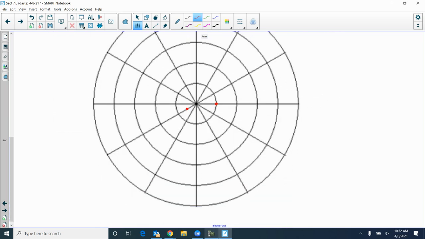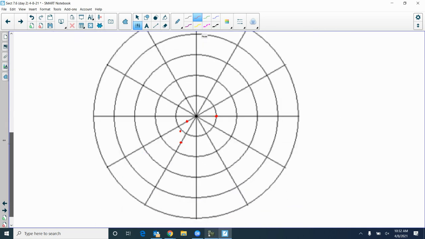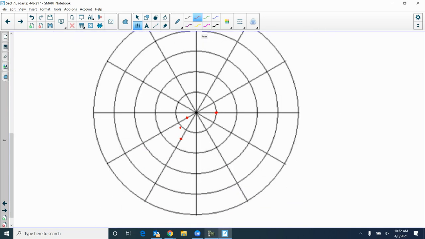So 45 is negative 1.1, so you got to go through the origin. Here, 60 degrees is negative 1.6. 90, I believe, is negative 2, which is actually going to be where 270 is. 120 should be negative 1.6. Let's see here. It's easy to get mixed up.